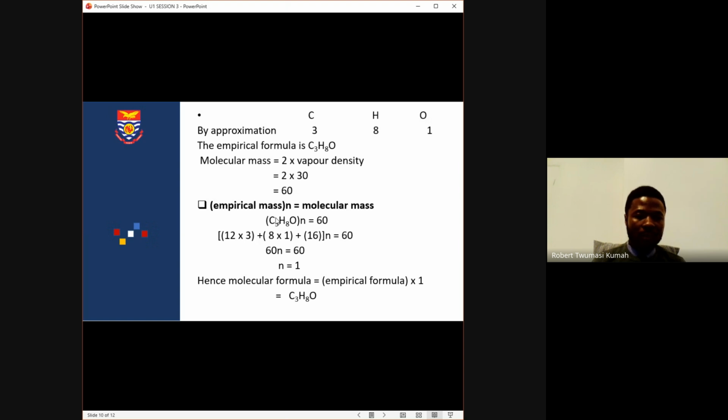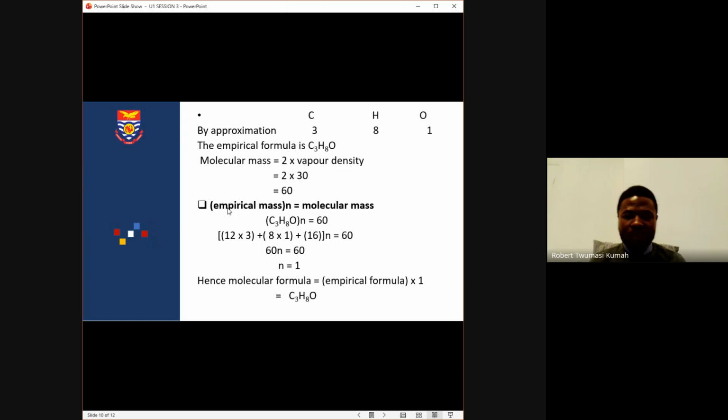So empirical formula mass times n is equal to the molecular mass. The molecular mass is 60. We have our empirical formula here, and that is what we are going to multiply, so we have this inside the bracket and then times n.